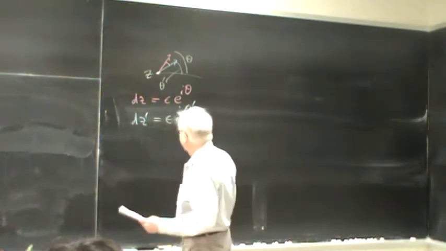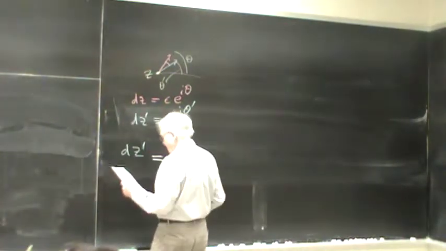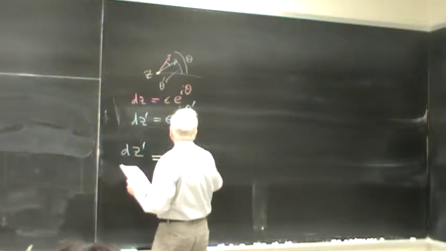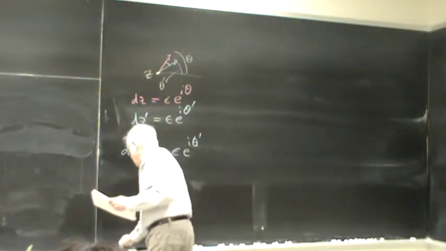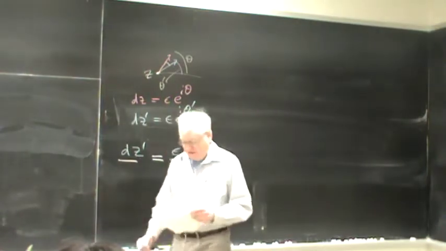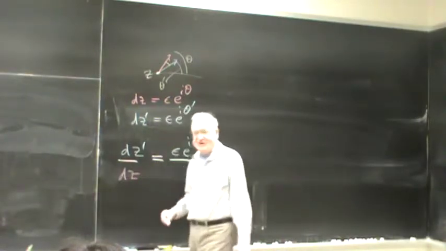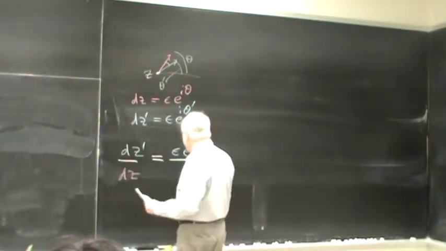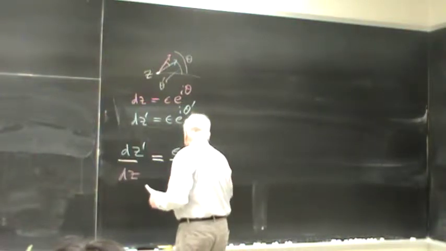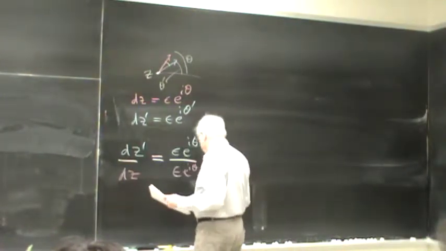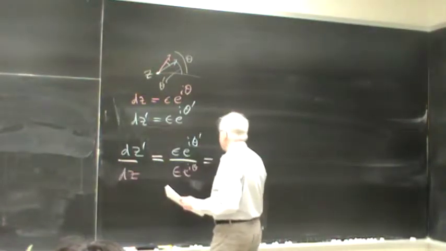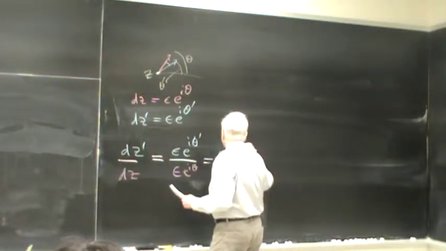And the angle between them is, if I'm going to continue with this colored chalk routine, dz prime over dz, so this is epsilon e to the i theta prime over epsilon e to the i theta, and altogether this is equal to e to the i (theta prime minus theta).